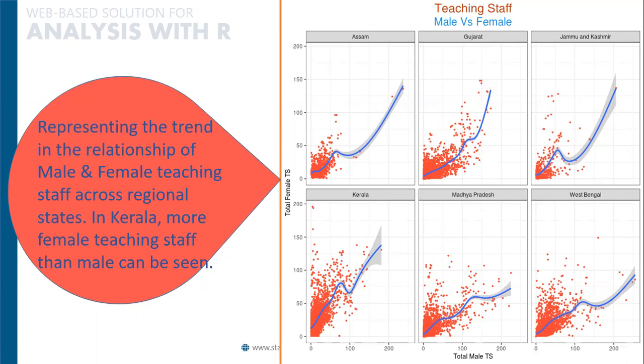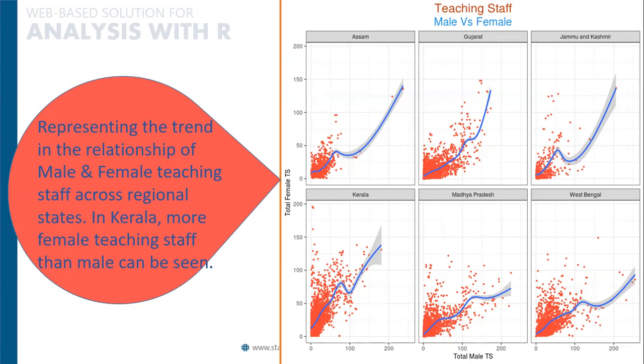What is very interesting is that in the state of Assam, you have a couple of data points here indicating that there are outliers when you check for the distribution between these 2 variables. And one very, very interesting thing here is about the state of Kerala. What do we see about Kerala? In the state of Kerala, we observe that there is more female teaching staff as compared to the male teaching staff.